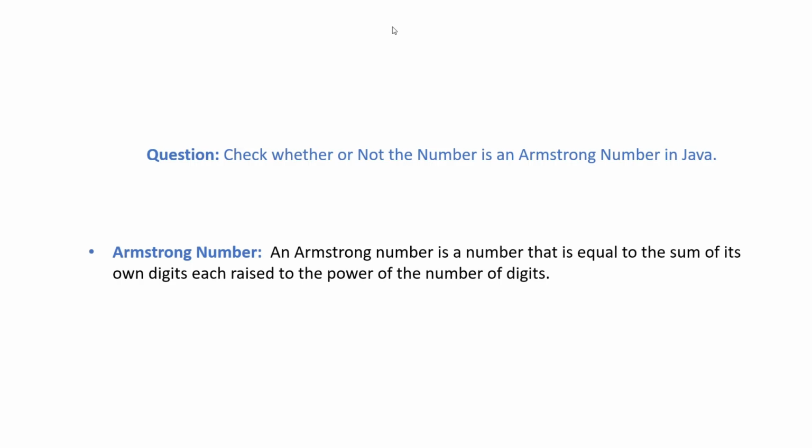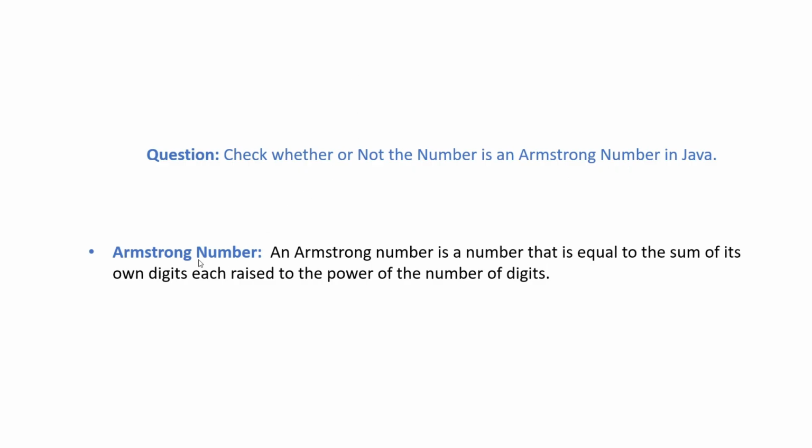Today in this video we will solve a new question: check whether or not a number is an Armstrong number in Java. As you can see here, the question is: what is an Armstrong number?